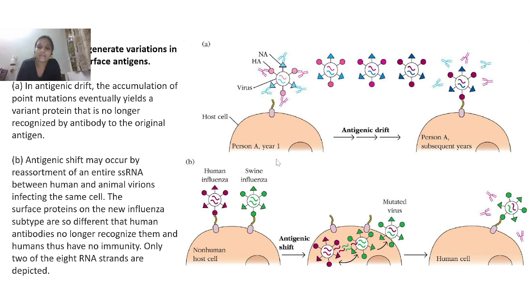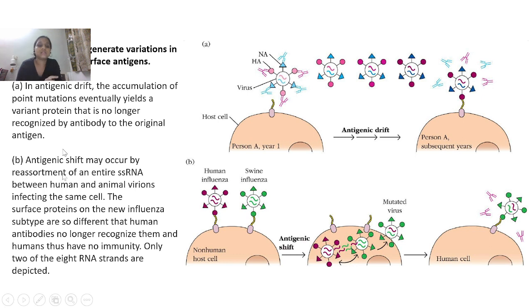And here, what happens when they are coming out of the cell? They are creating a new virus where you can see it is a combination of both the human influenza as well as swine influenza. So you can understand how dangerous it is, how two different host pathogens can combine together to form a new kind of strain which might be more threatening to both the hosts, or it might not be.